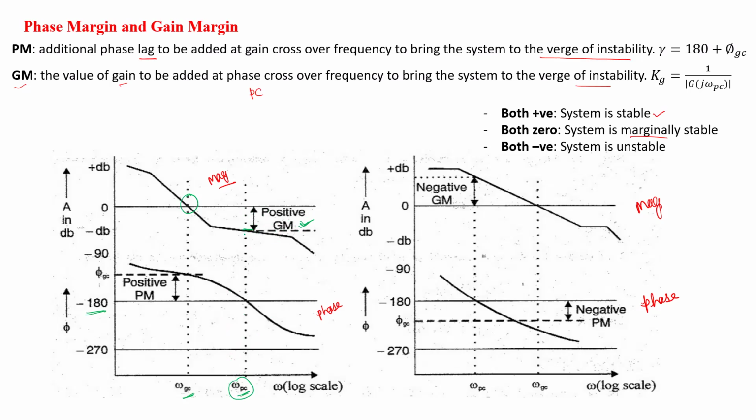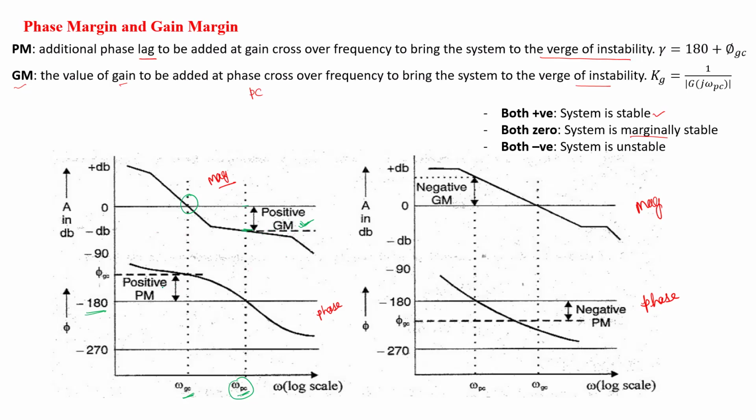Where the phase crossover frequency line meets the magnitude plot, the gap between that point and 0 dB is called the gain margin. Here the gain margin is positive, since it is above the magnitude plot.